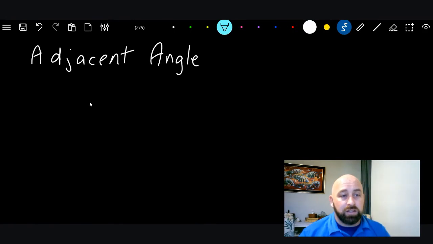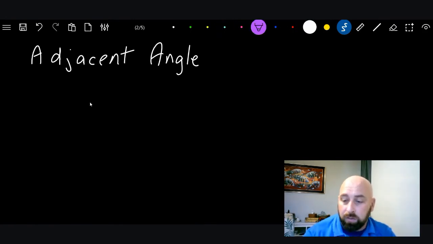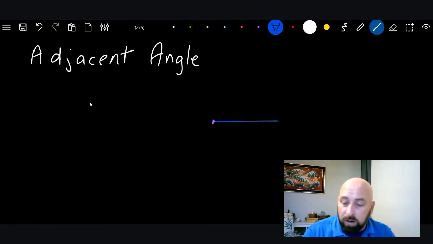Okay. All right, the next thing that we come to is the adjacent angle. So again, we're always going to start with our point. And then we would have, coming out of that point, our line or our ray. And then an adjacent angle is an angle that shares a common side. So here we have another one. And this is the adjacent angle, and it doesn't matter where it is.